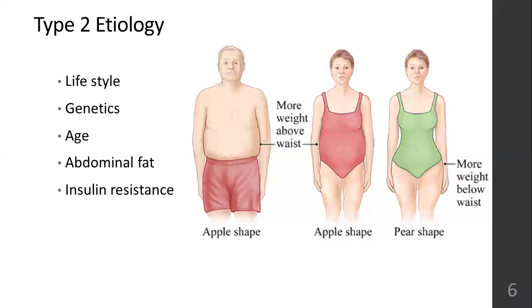Next, type 2 diabetes. Lifestyle also plays a very important role here. Genetics as well, but lifestyle. People who are obese, underactive, sedentary, and they overeat, they have an apple shape. Abdominal fat is situated around the abdomen, not in the hip area.